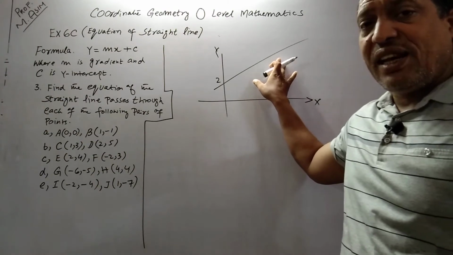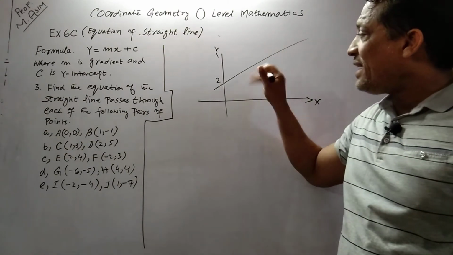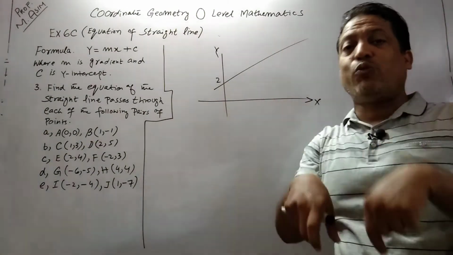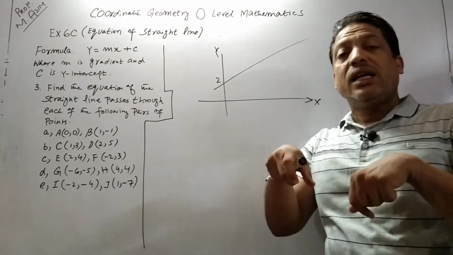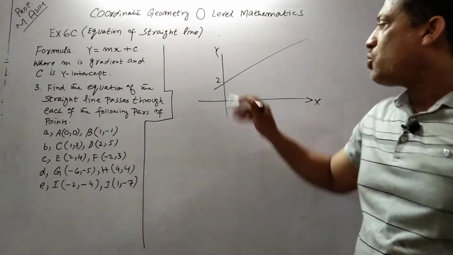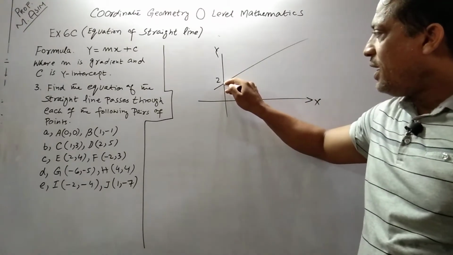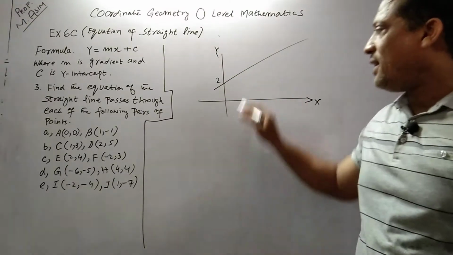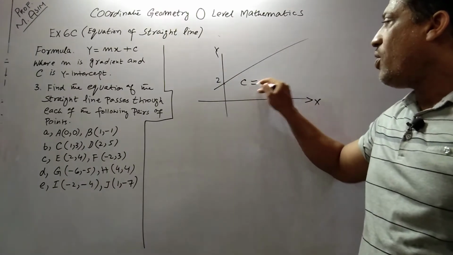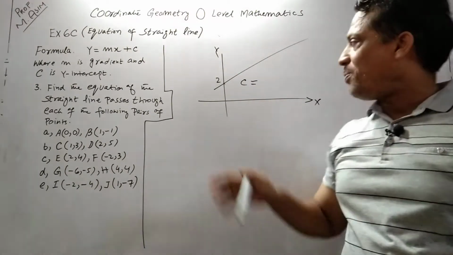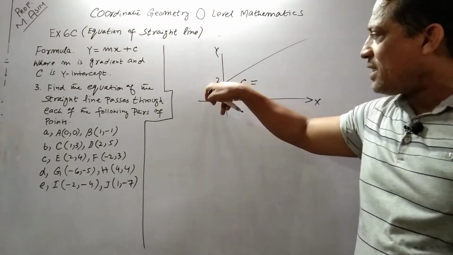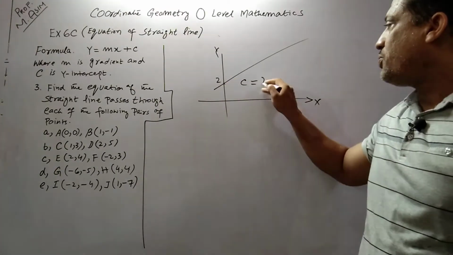Y-intercept means where the line cuts the y-axis. So this point is the y-intercept, and we always represent the y-intercept by c, and in this condition the y-intercept is 2.